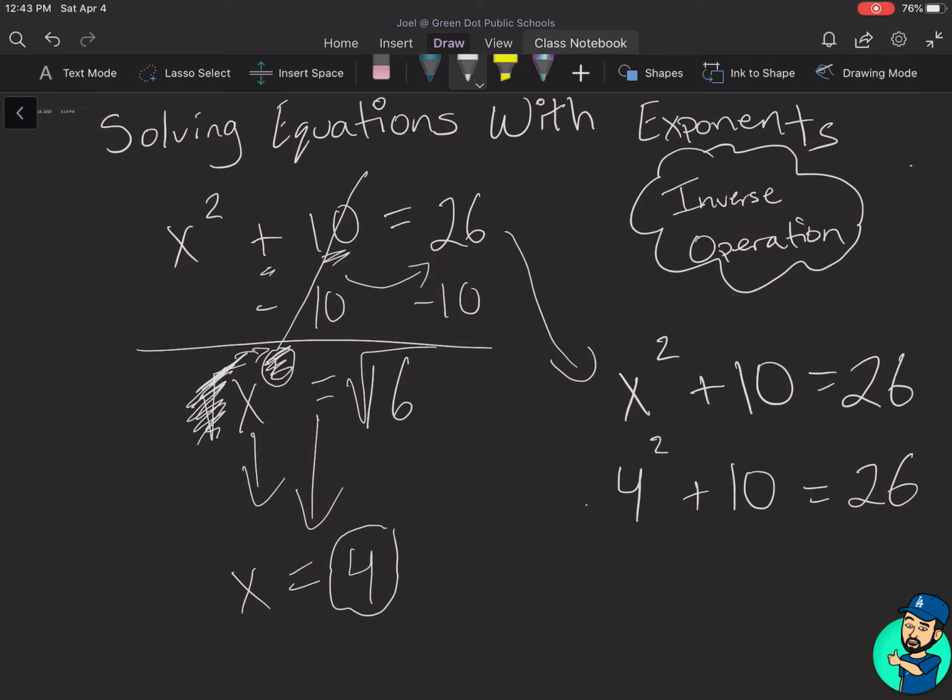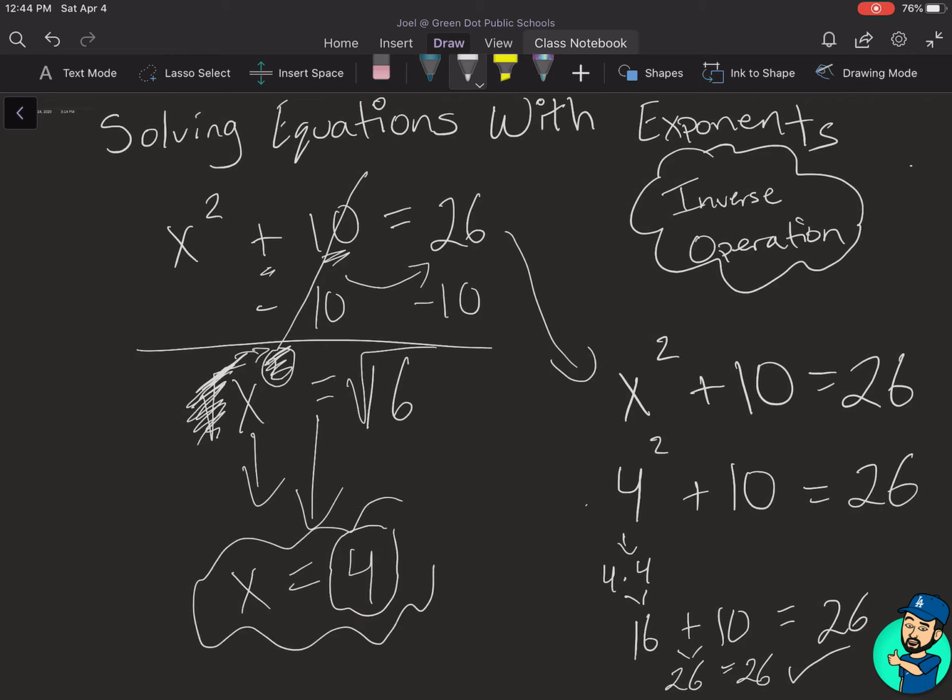So I'm going to find what 4 squared equals. This means 4 times 4, which equals 16. And I'm going to copy and paste everything else. Now 16 plus 10 equals 26. And does 26 equal 26? Yes. So x does equal 4. Let me erase this.